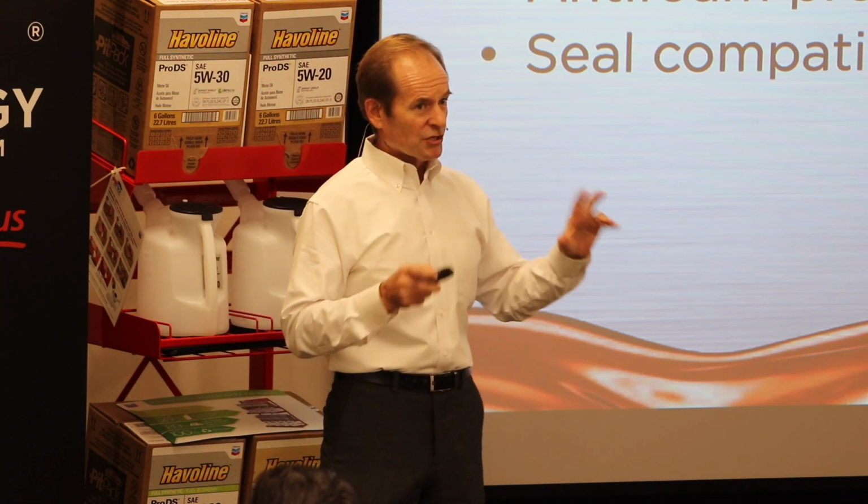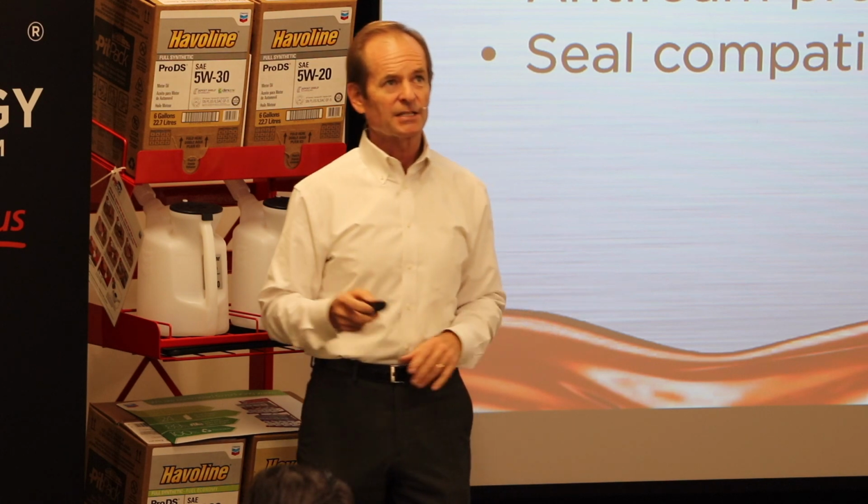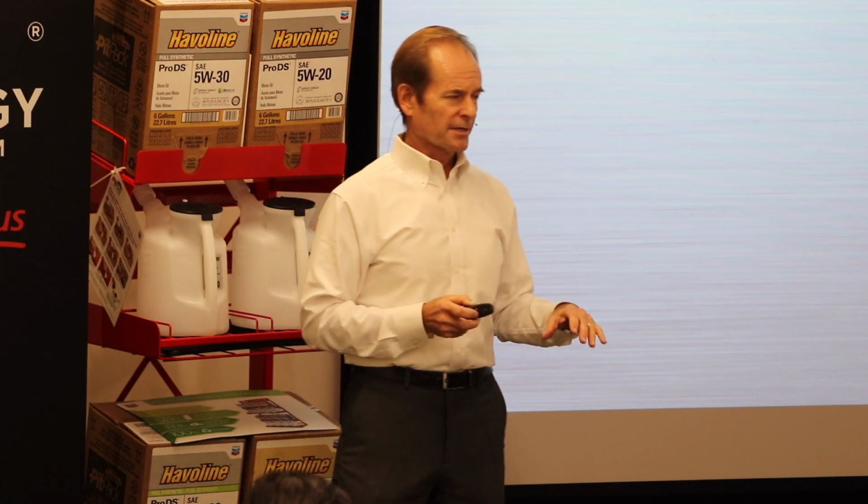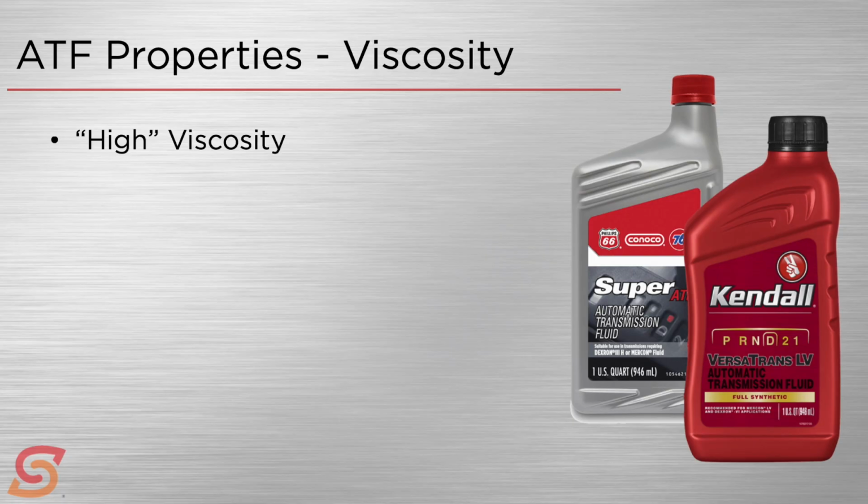I mentioned before I was going to talk a little bit about the viscosities. Okay, the high viscosity products. Traditional older ATFs are what we call the high viscosity. Now, when I say high and low viscosity, I don't want you to get the idea that one's like water and one's like honey.